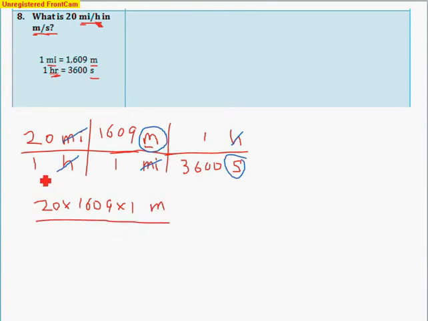Okay. Downstairs we have 1 times 1 times 3600, and the unit is seconds. Okay, let's simplify. Get your calculator out. 20 times 1609 is 32180.